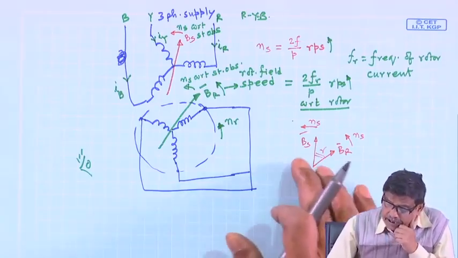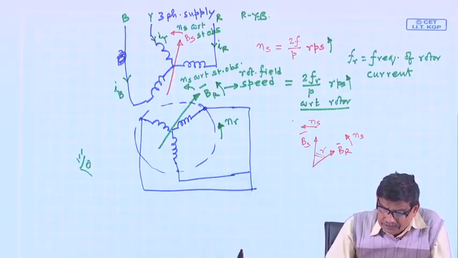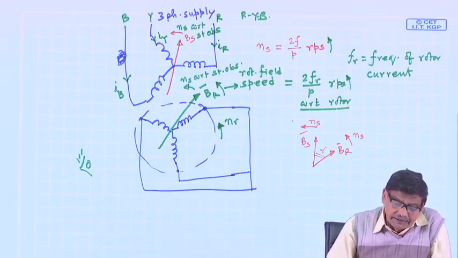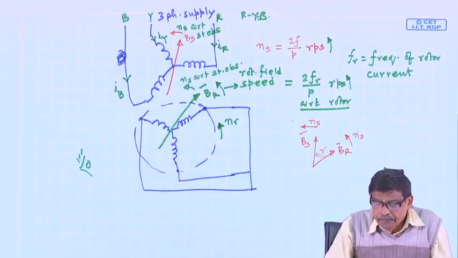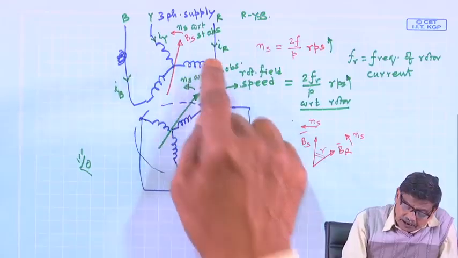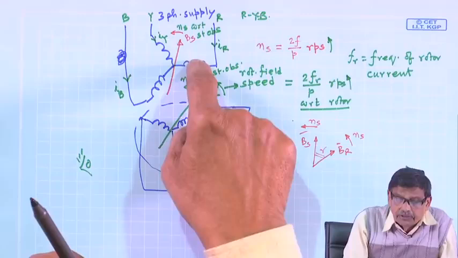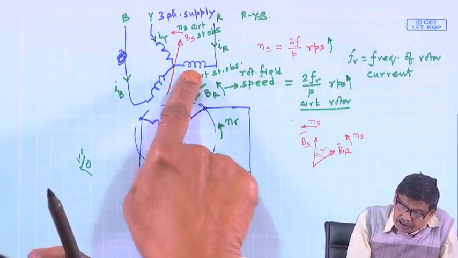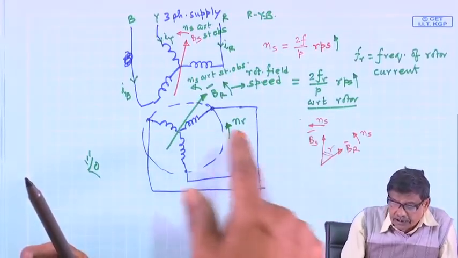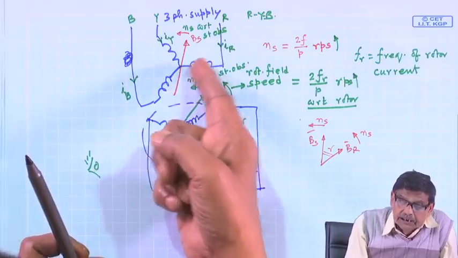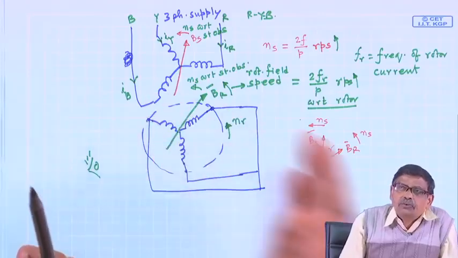But living with Bs and Br alone is always somewhat complicated. Suppose I am sitting on a stator coil. What will be the induced voltage when the rotor is closed, the rotor is carrying current, and the stator is also carrying current? He will see two fields moving, Bs and Br. For Bs you have to calculate induced voltage, for Br you have to calculate induced voltage, and these two will not be in phase.